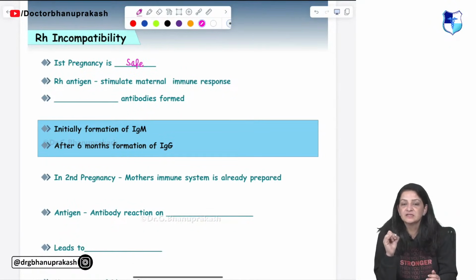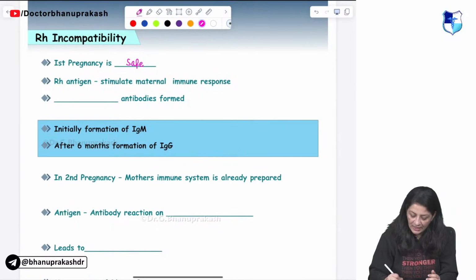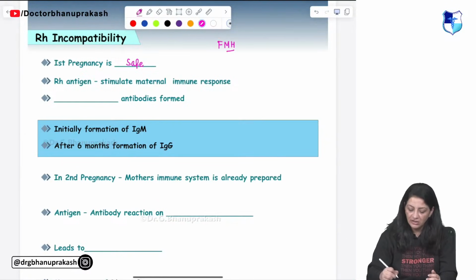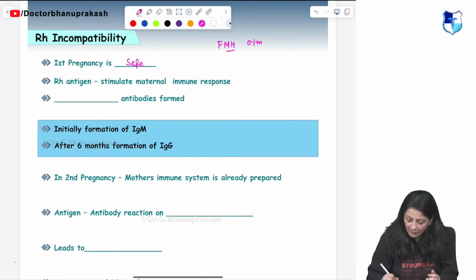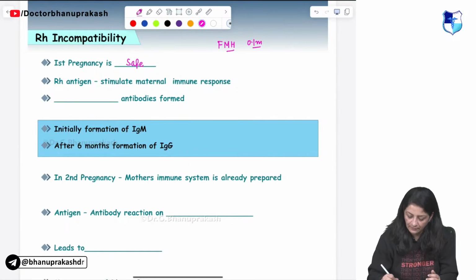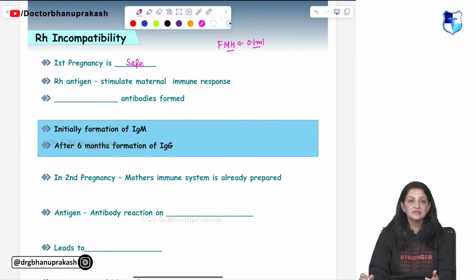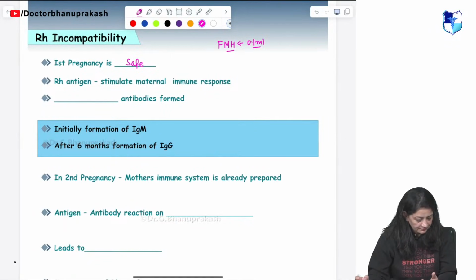Because after mixing of feto-maternal blood, if there is FMH, feto-maternal hemorrhage, even 0.1 ml of fetal blood can sensitize the mother.